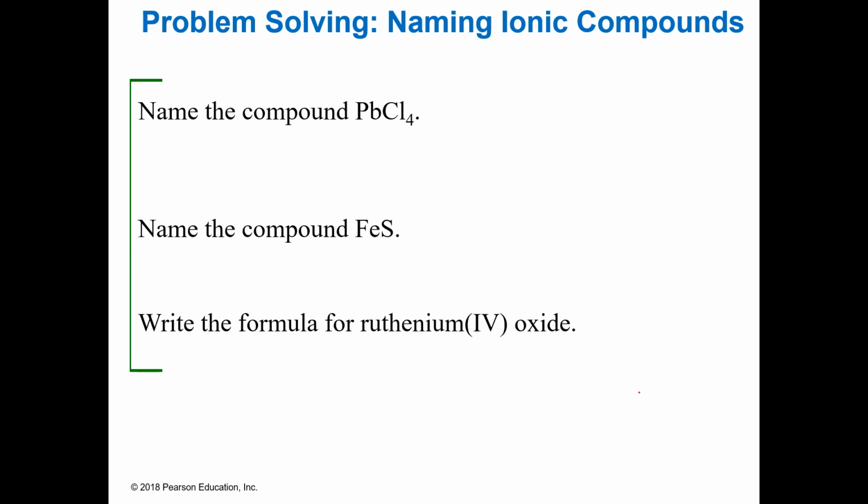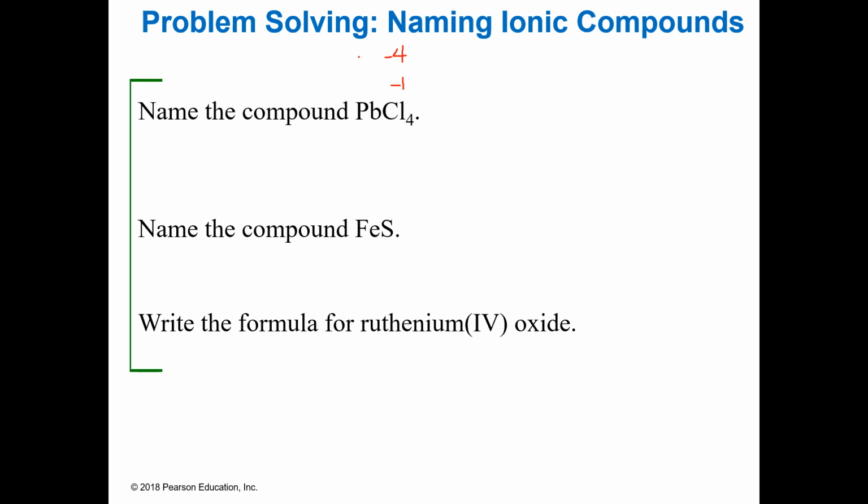Okay, let's look at these. All right, we've got lead and chloride. Lead is a transition metal. So we're going to start here. Chloride, it's in group 7. It has a -1 charge. I have 4 of them, so 4 times -1 is a -4. So total charge on this side is -4.